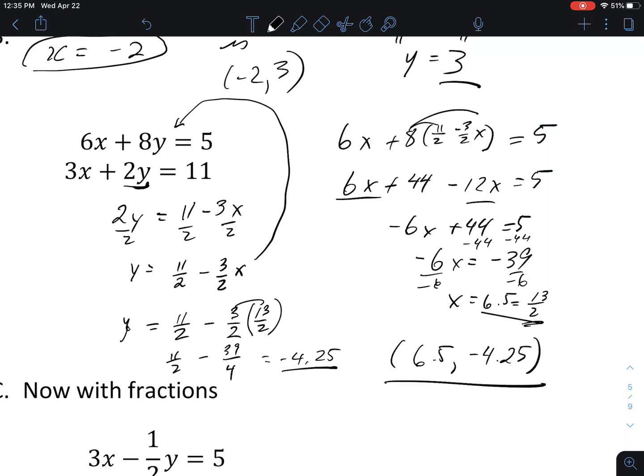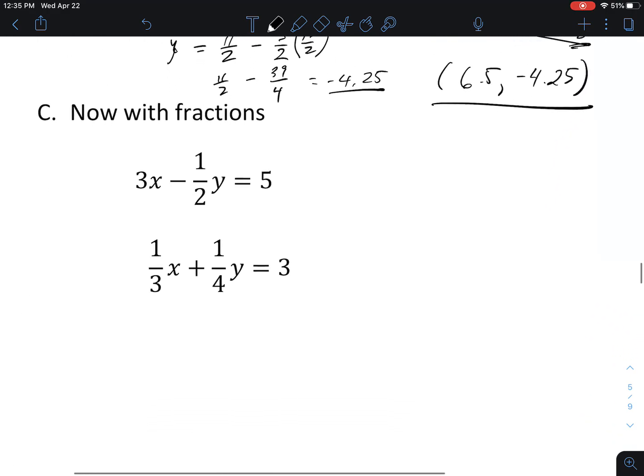So that's y. So here my solution is 6.5 and negative 4 1/4. Okay, so not always nice integer answers. All right.